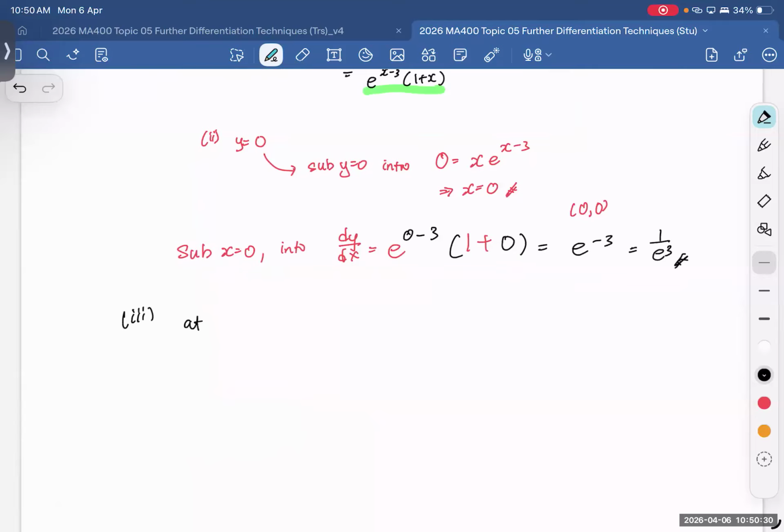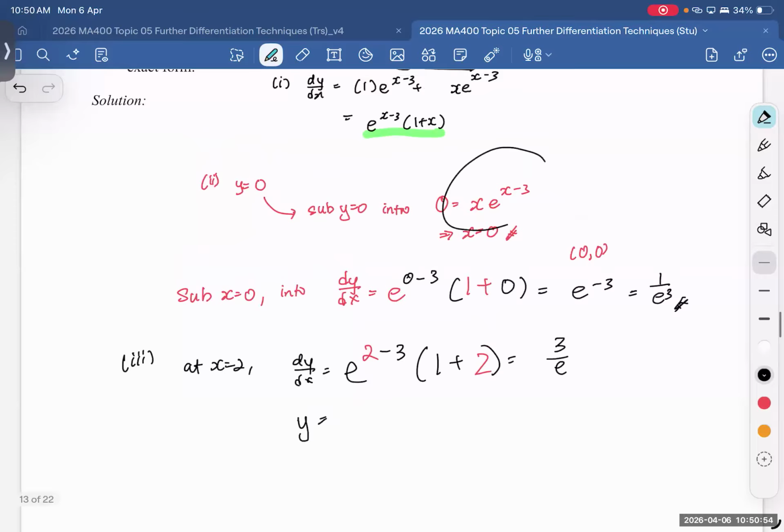At x equals 2, what is my gradient again? Same thing, sub again. e to the power of 2 minus 3, 1 plus e, which is the same as 3 over e. At x equals 2, what is y?